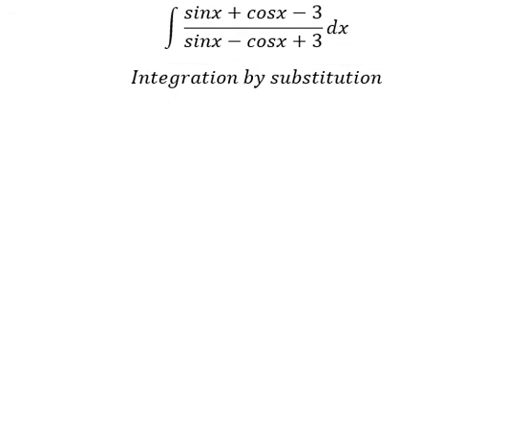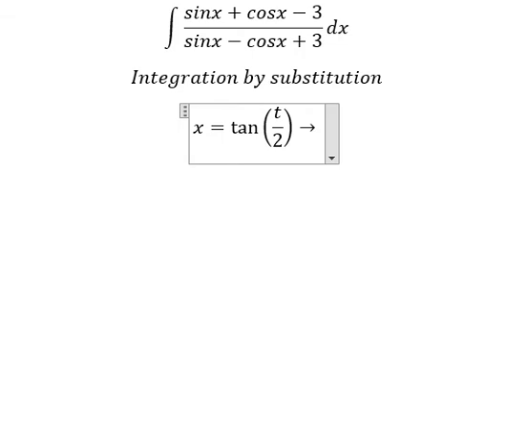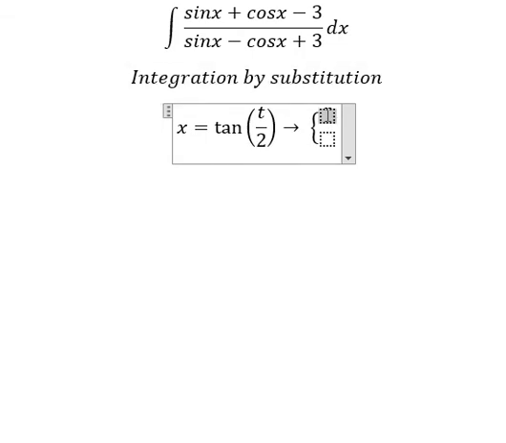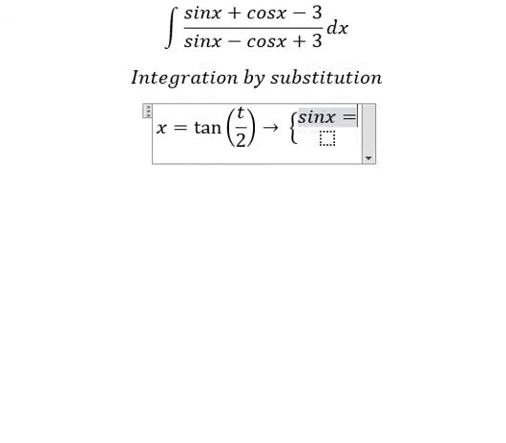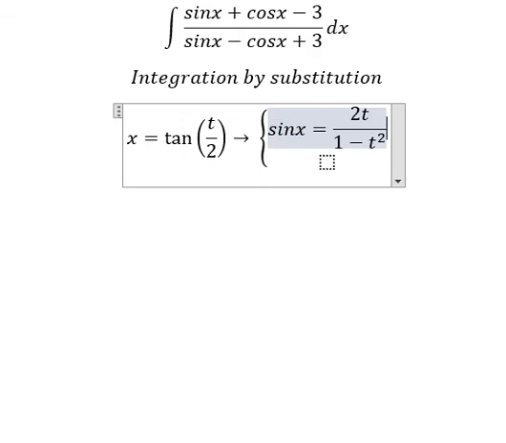So I will put s equal to tan of t over 2. So in here we will get two things. That's sin s equal to 2t over 1 plus t squared.